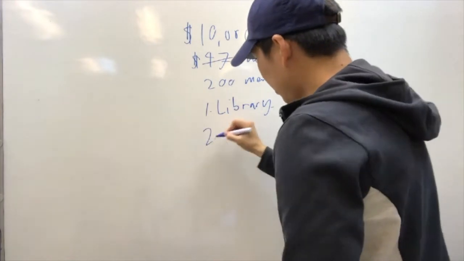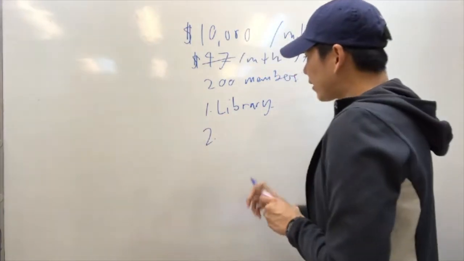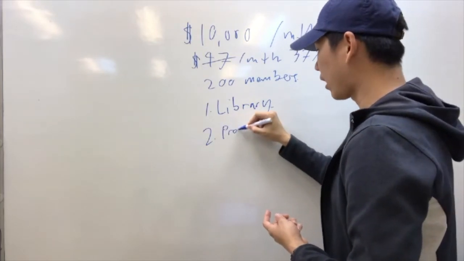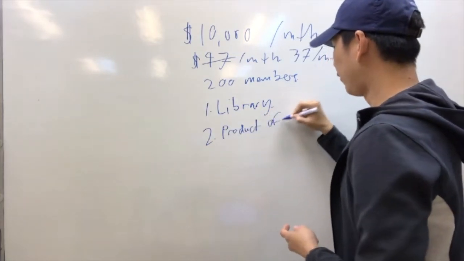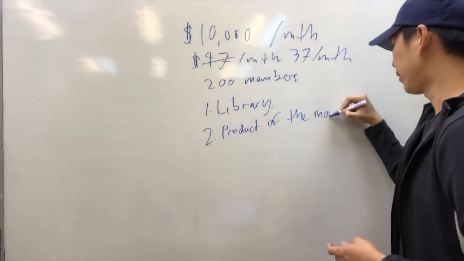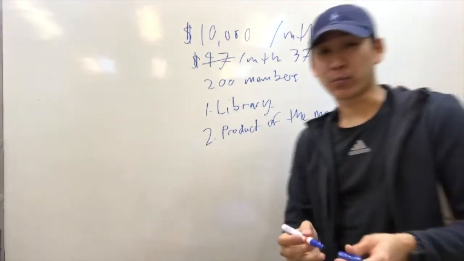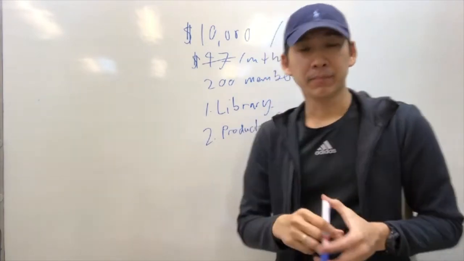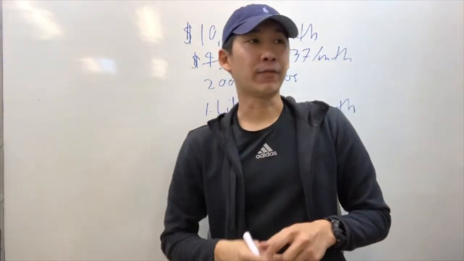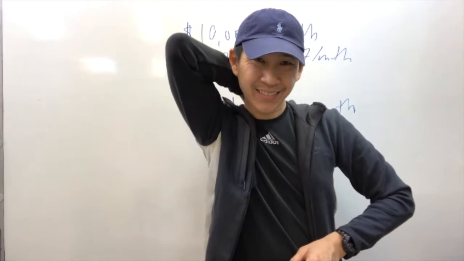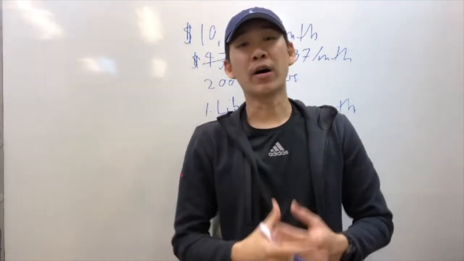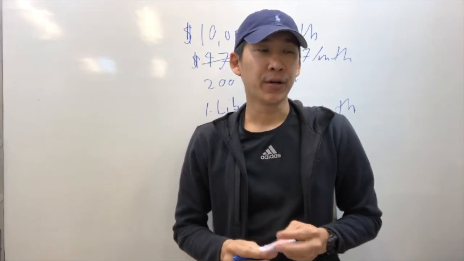The second model, I call it product of the month. It doesn't have to be a product, it could be anything, but every single month they will get something new, like a new course or a new ebook.